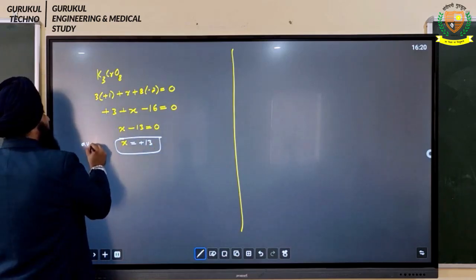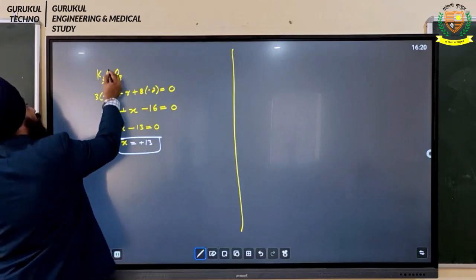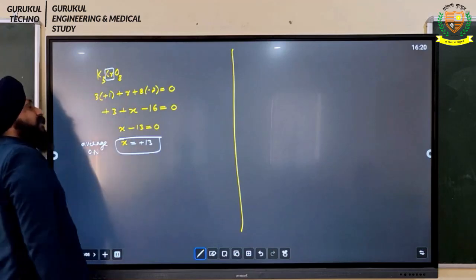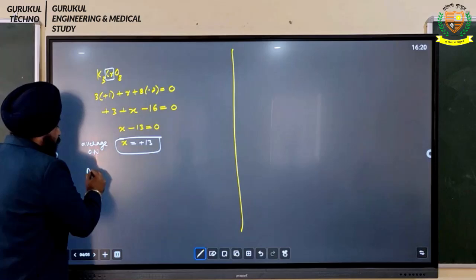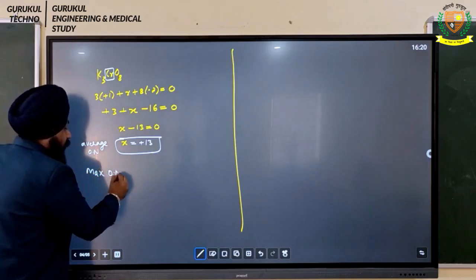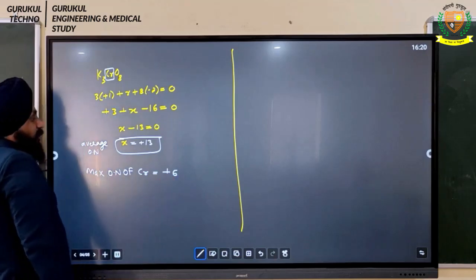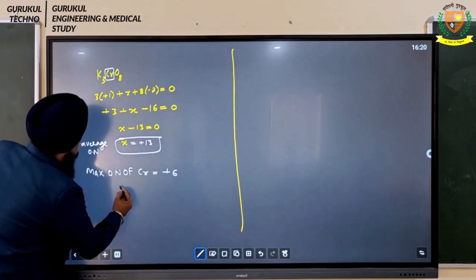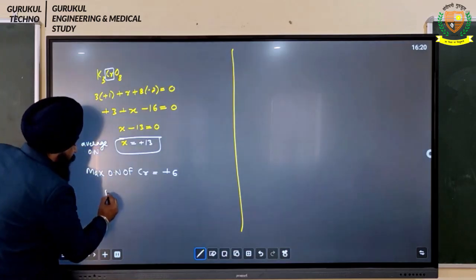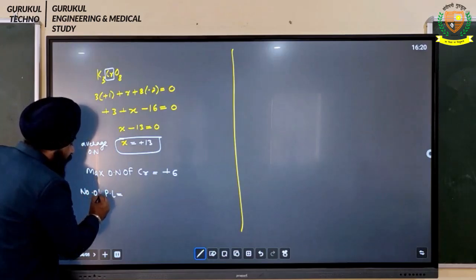What is this number? This is your average oxidation number. And students, remember, here there is only one central atom, so you have to find out the maximum also. The maximum oxidation number of chromium is plus 6. So you will say average minus maximum divided by 2 to find out the number of peroxy linkage.